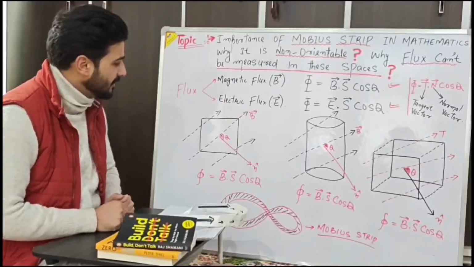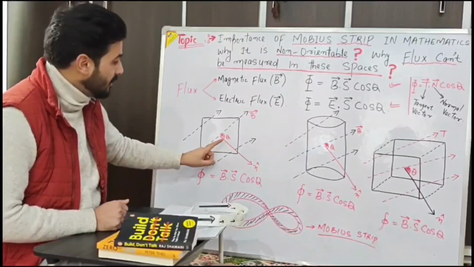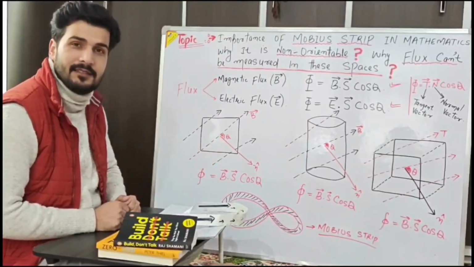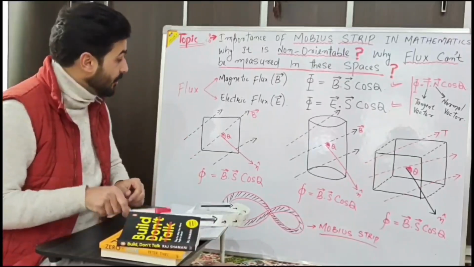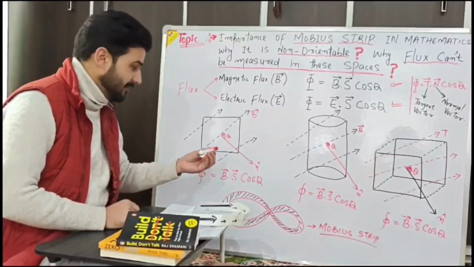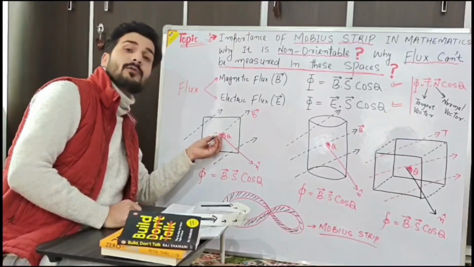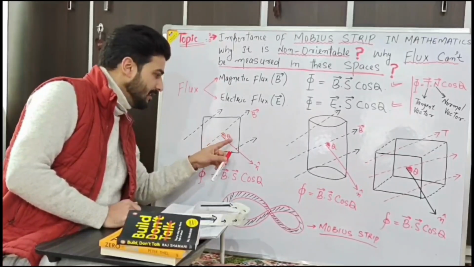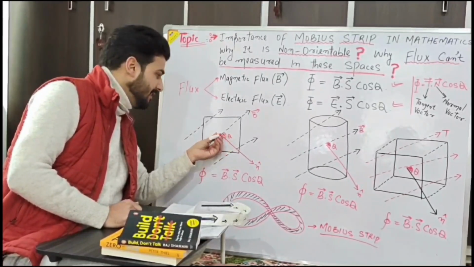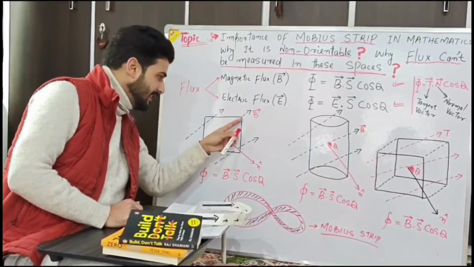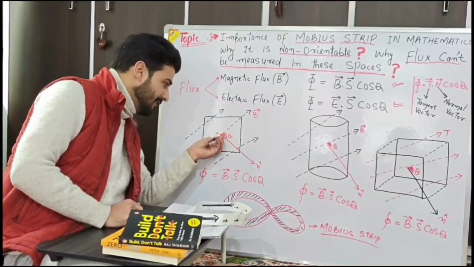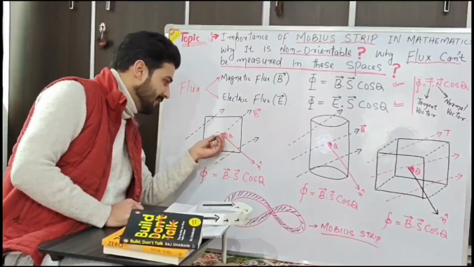In order to find the angle here, we will draw a normal vector to this surface, radially outwards. So this theta is the angle between the tangent vector and the normal vector. This is the tangent vector and this is the normal, and this is the theta angle between them.